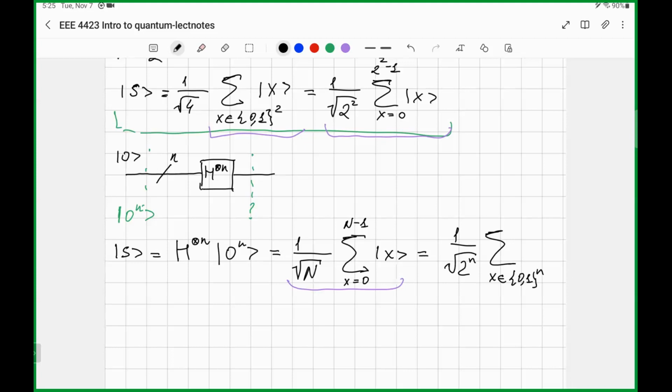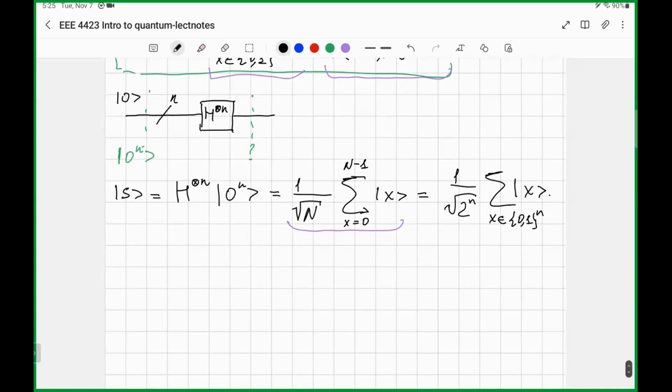All right, and x, of course. So this is the way we represent the state of the uniform superposition of all computational basis states.